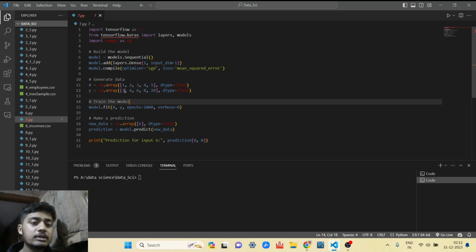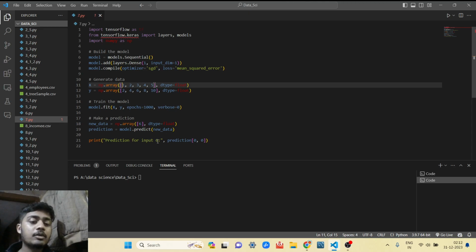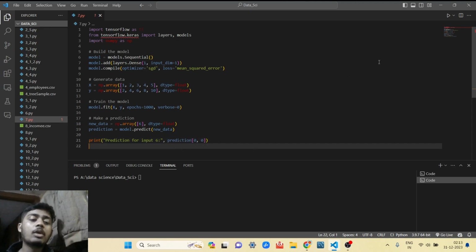We can clearly see the relation: 2 is double of 1, 4 is double of 2, 6 is double of 3 and so on. After learning this relation, can our model predict the output for input 6? Let's find out whether the prediction will be closer to 12 or not.